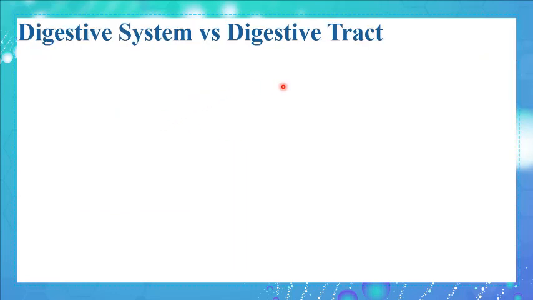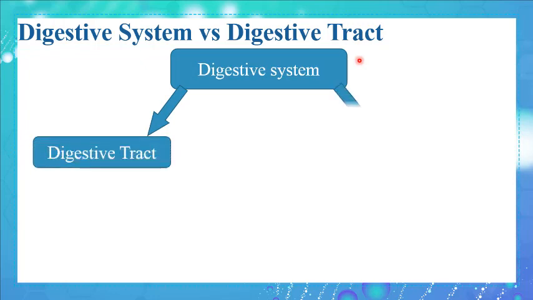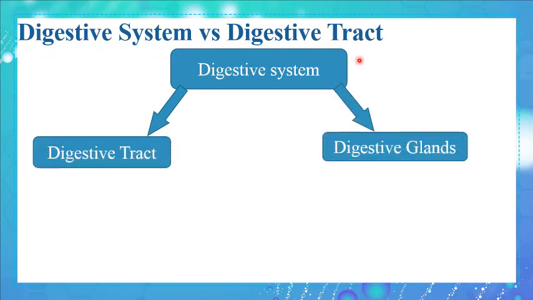Sometimes people confuse the digestive system and the digestive tract. Well, they are totally different. The digestive system includes both the digestive tract and the digestive glands. The digestive tract is the pathway of food. It's the tube where the food passes throughout the digestion.